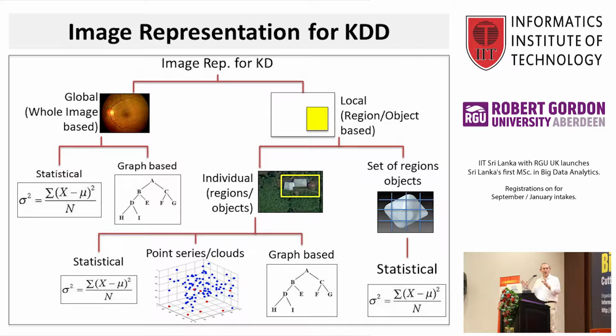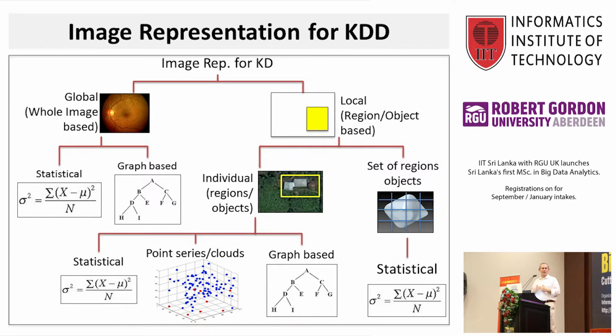So I've divided it up at that high level at global representations where we want to look at the entire image, and local images where we want to look just at one part of that image. So on the left-hand side, I've got a retina scan. On the right-hand side, I've got an image where the yellow blob is the bit we want to look at.